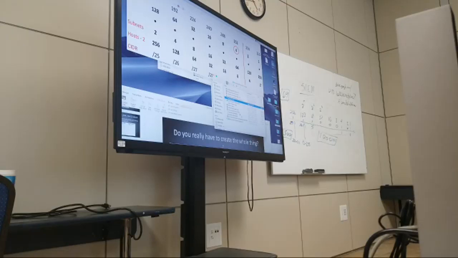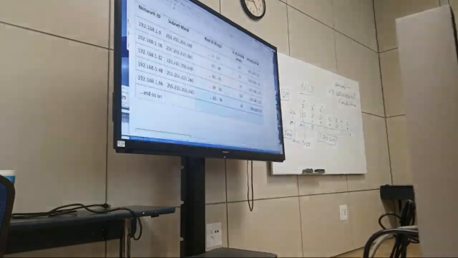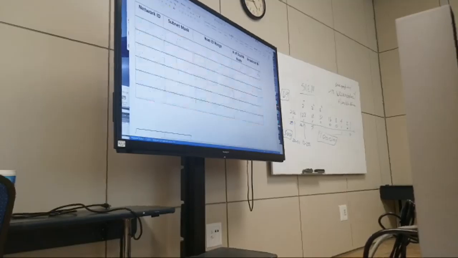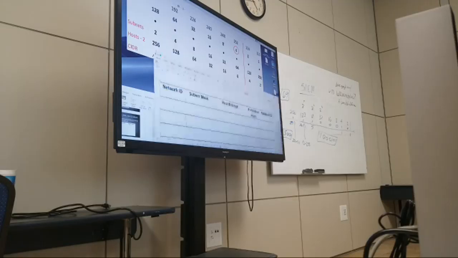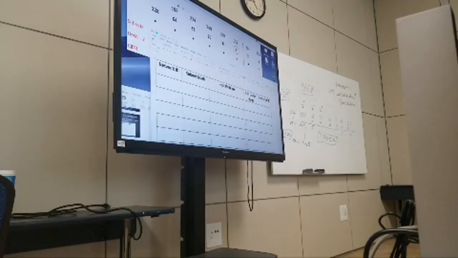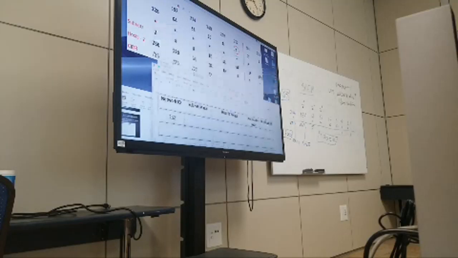So what we can see here is, the network ID is going to be .232, and our subnet mask is going to be .252, or /30.